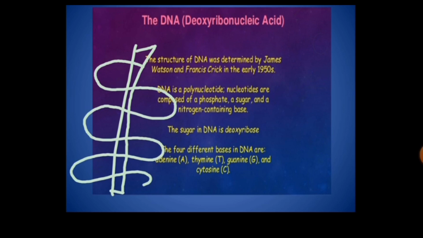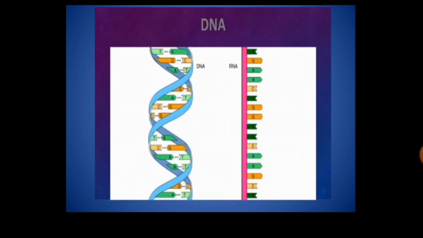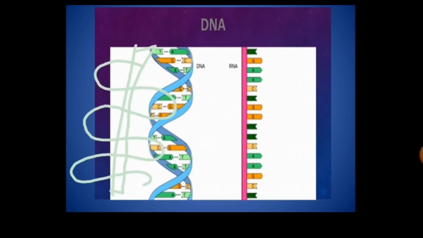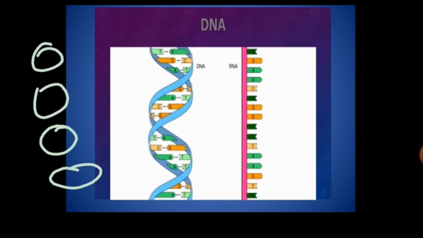DNA is a polymer. Now what do you mean by polymer? Children, any molecule which is formed by combining a lot of monomers, that means small molecules, that unite together and form a polymer. This is a monomer, this is a monomer, and when they combine together, the complete unit formed is known as a polymer.